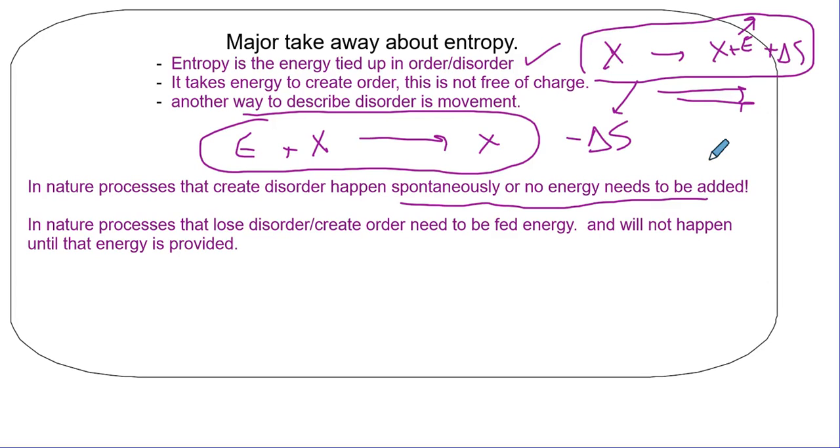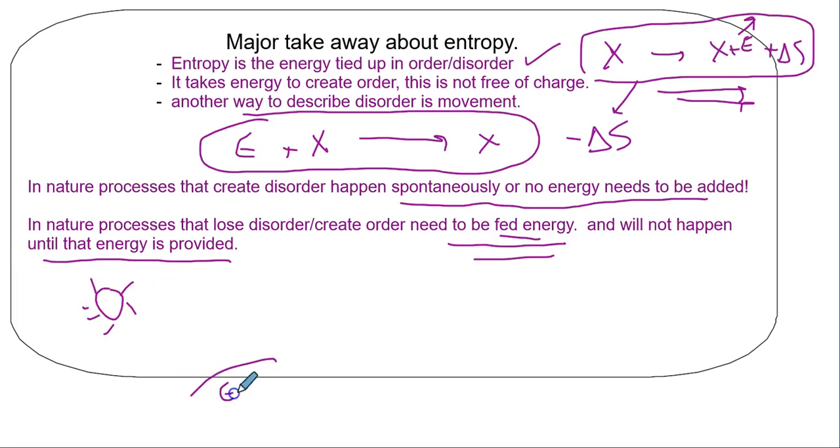It just happens. In nature, processes that lose or create order need to be fed all the time. They're hungry, right? And will not happen unless the energy is provided. Our wonderful sun provides lots of energy to Earth, and really photosynthesis and light energy feeds the whole Earth and creates lots of order, which is then, of course, just disorders.